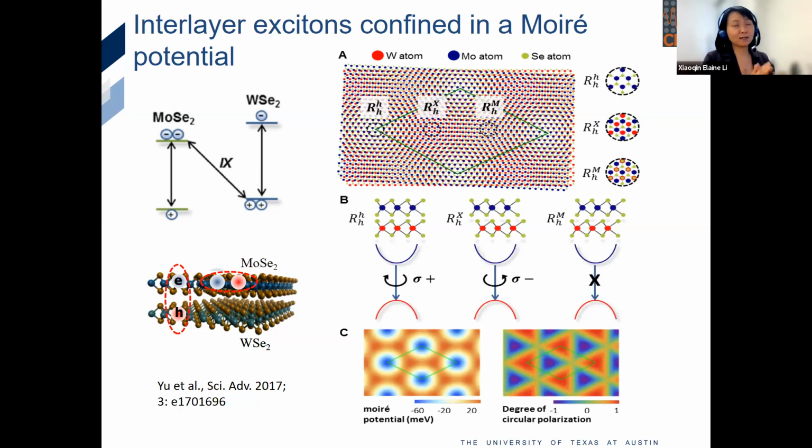Another complication is that not only does the Moiré supercell impose energy modulation, it also imposes optical selection rule modulation. So remember, I talked about K and K prime valleys in the monolayer. That concept still holds. I still have two copies of excitons that have a time reversal symmetry relation between the two.